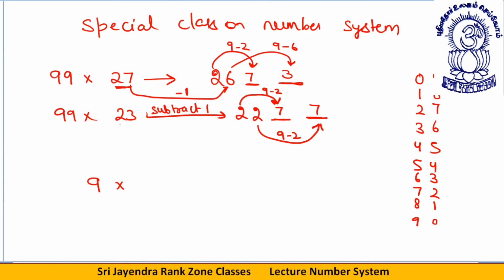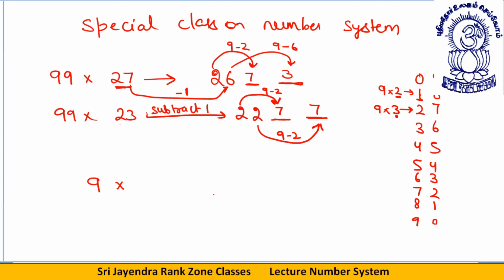Okay, so what's happening is, see, this is 9 into 2. What I did is, this 2 I subtracted 1, I got 1, and this 1 I subtracted from 9, I got 8. 9 into 3, I subtracted 1 from this. What I get? I get a 2. Then what do I get? 9 minus 2 gives me 7.